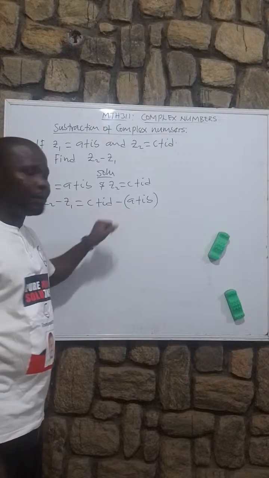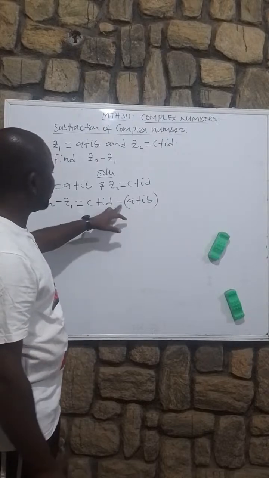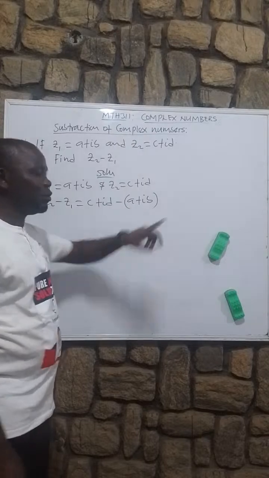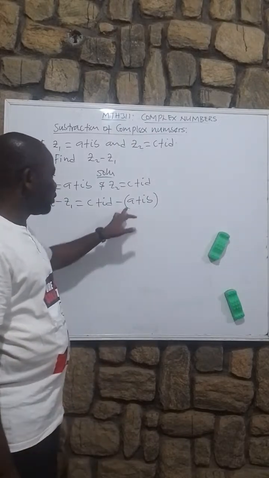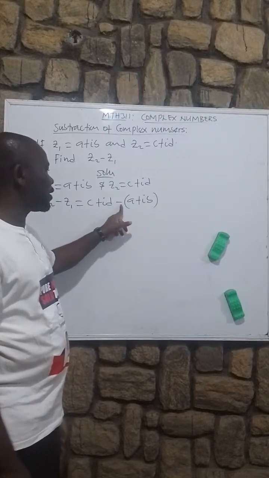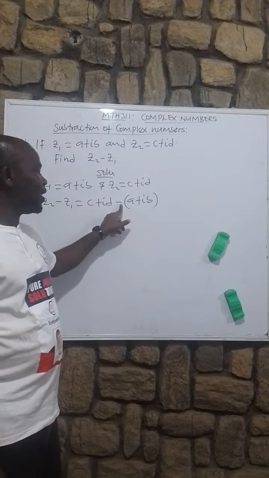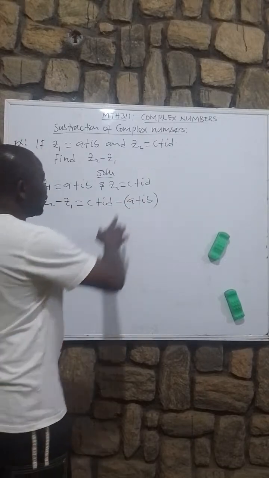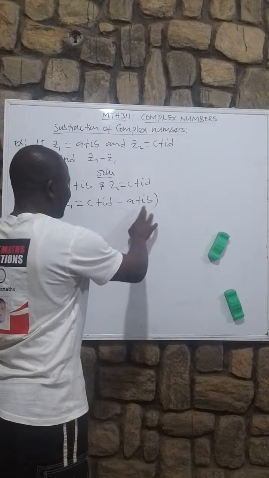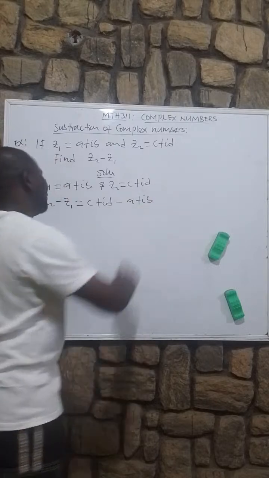Is that clear? Now, I was expecting people to ask me a question. Why the brackets? The brackets mean this minus affects what is here and what is here. But if you write it in this form, you remove the bracket.